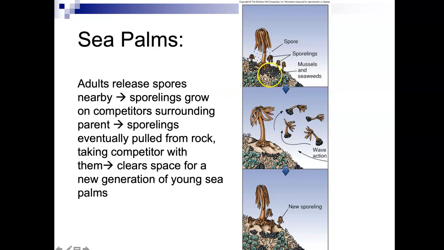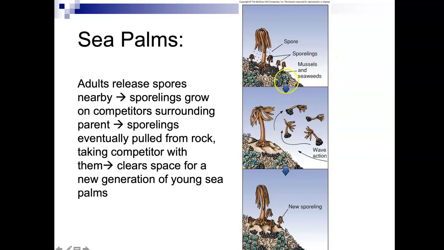So this is how they do it, and it's a really interesting strategy. Sea palm adults will release their spores nearby, surrounding them. Those sporelings will grow on their competitors, especially things like mussels and barnacles. As they grow up, they provide a larger profile than what the byssal threads of the mussels or the barnacles are adapted for.